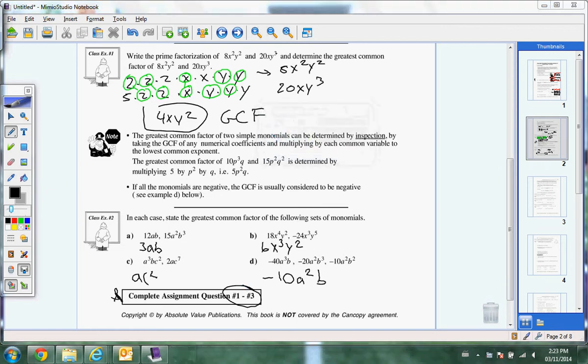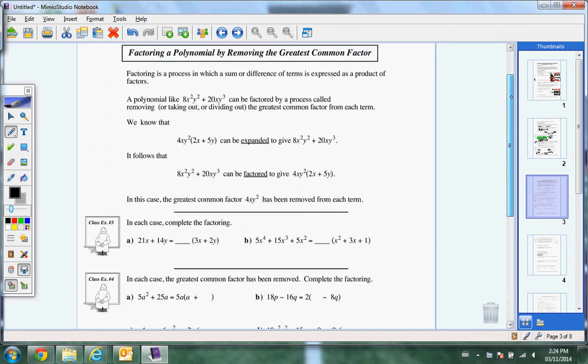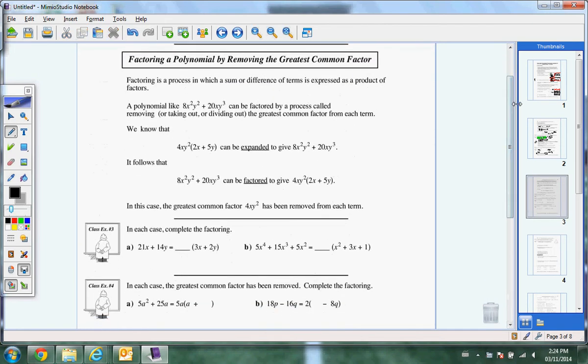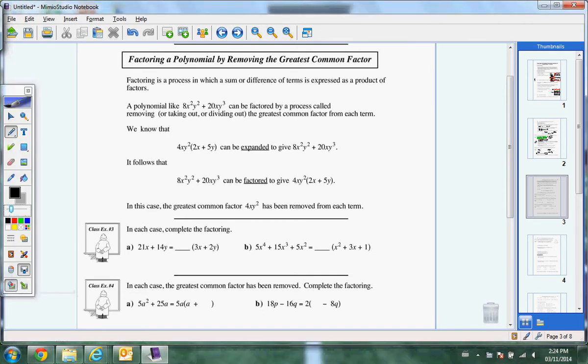All right, so to continue, we've got one more page. It's mostly just examples here. One page and a little sliver on the next page. So it just kind of talks about factoring, like what that means. So I think a couple of key words here that I would point out is that when you're factoring, it's a process in which you have a sum or difference expressed as a product.